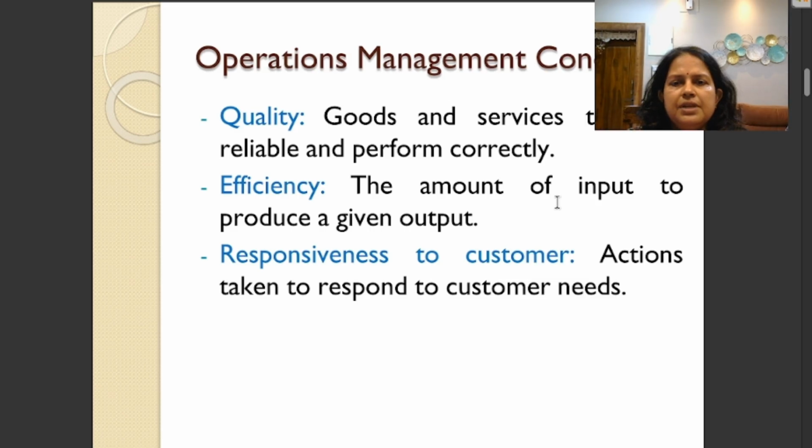Then responsiveness to customer. Responsiveness means what is our responsibility towards the customer. When we should produce the product, when we have to deliver the product, what is the standard or the quality of the product. We have to work on this aspect when we think about operation management.